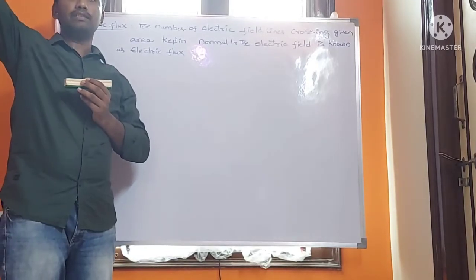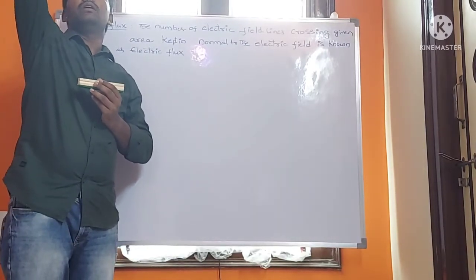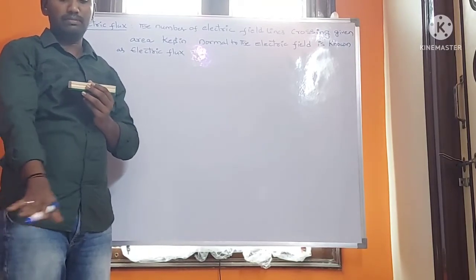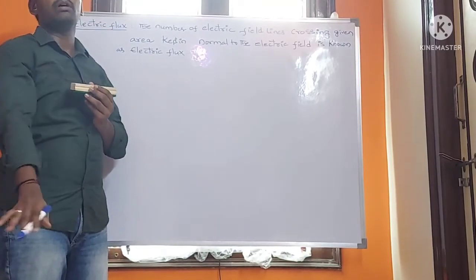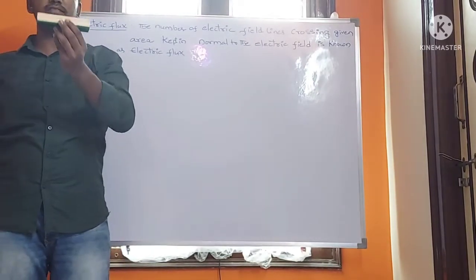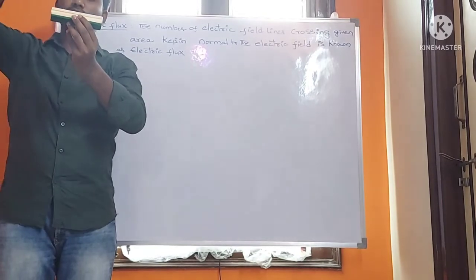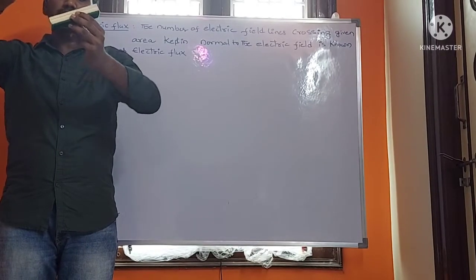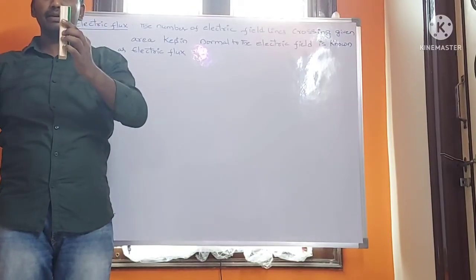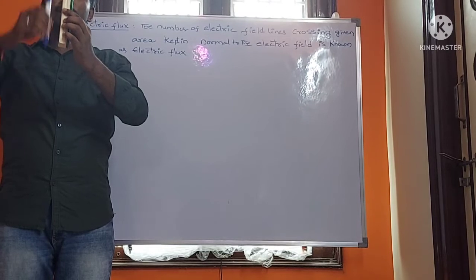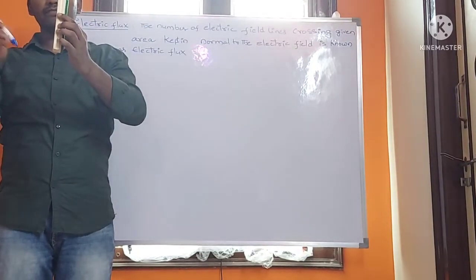The electric field lines pass from the ceiling to the floor. When the area is rotated, fewer field lines pass compared to the first case.